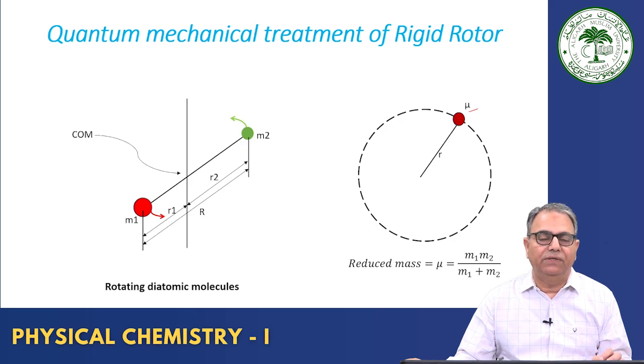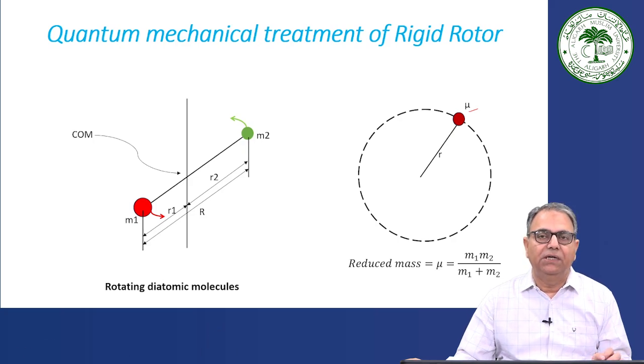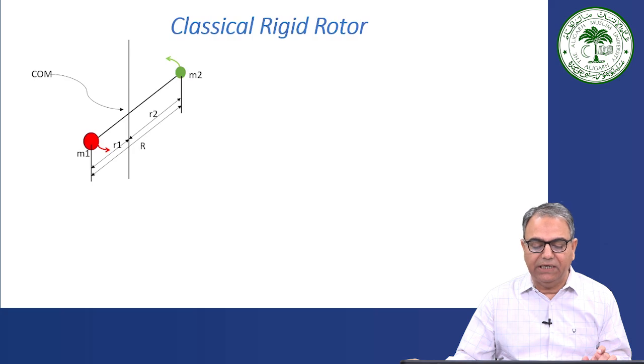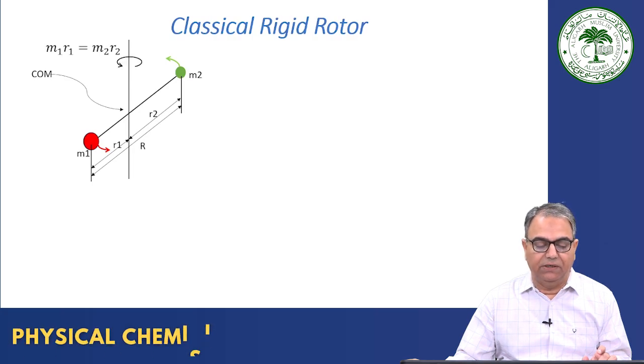That's why when we say vibrational spectroscopy, we always say the frequency is equal to 1 by 2 pi root under k divided by mu, not k divided by m. So this two-body problem, a rotating rigid diatomic molecule, is now converted to a single-body problem with a reduced mass mu.